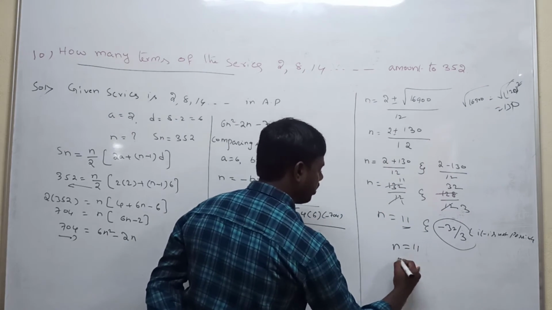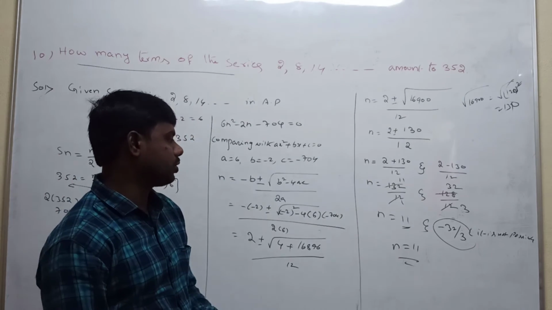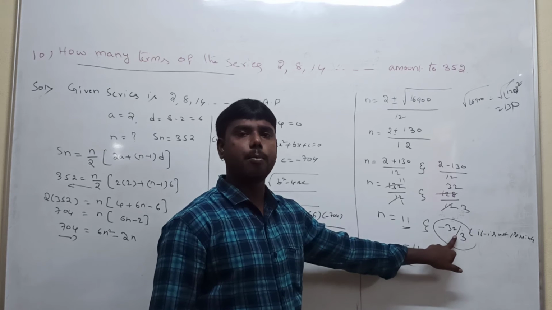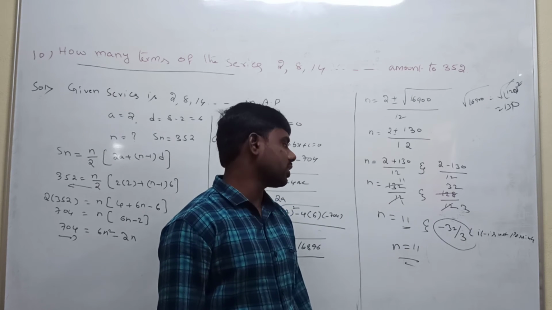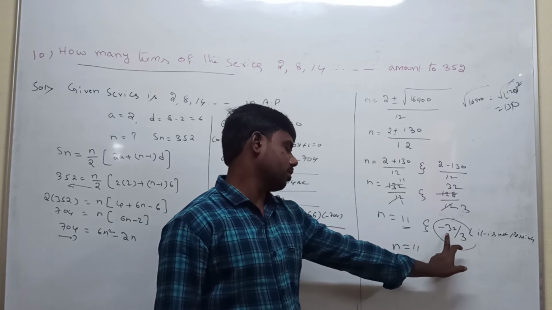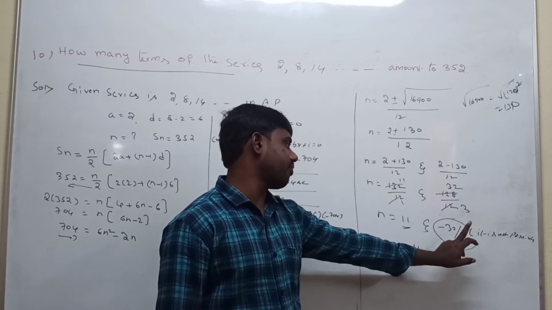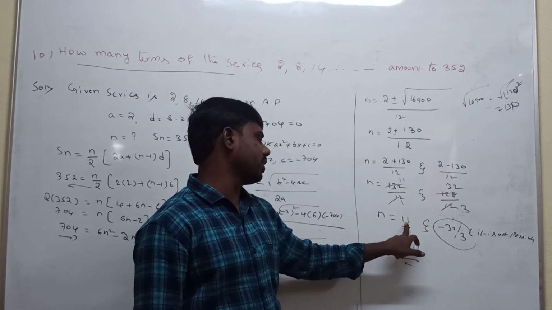How many n values are we getting? There are 2 values, but one value is a negative rational number. A rational number is not possible for the number of terms in the sum of the nth term. That's why this value is not possible. Only possible element is 11.